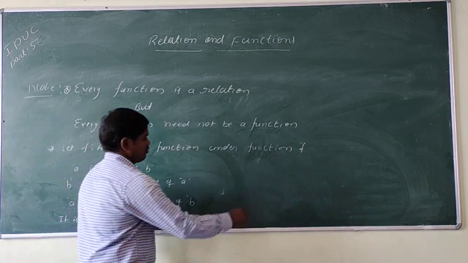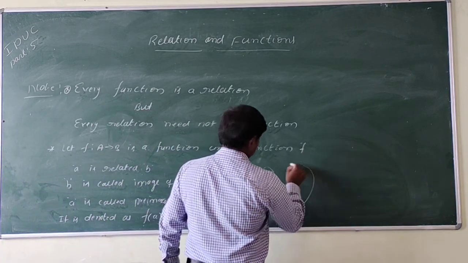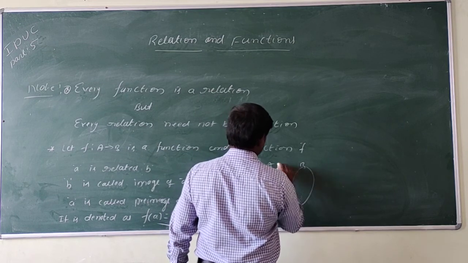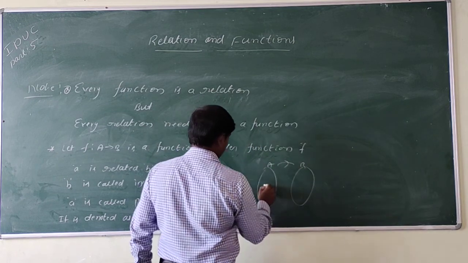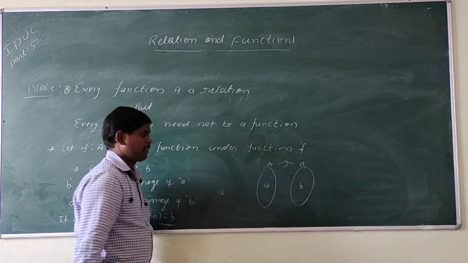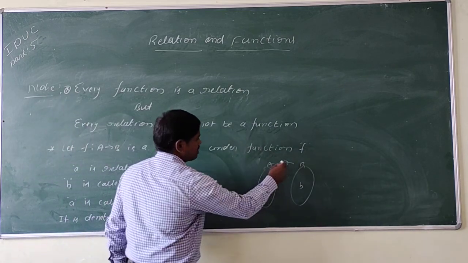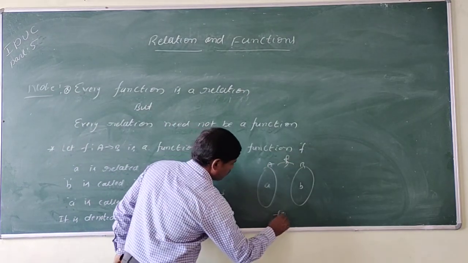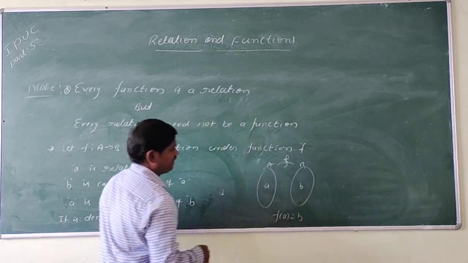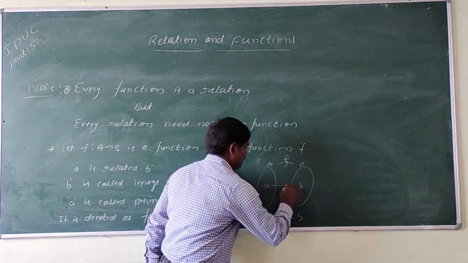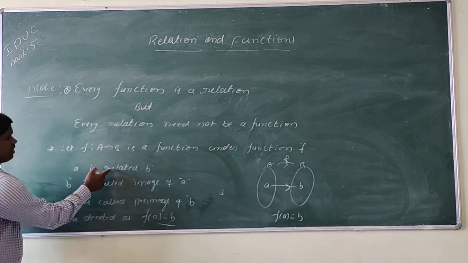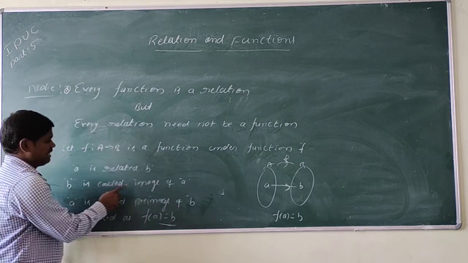Suppose I am taking here, this is A, this is B. So this is the function. f(a) = b. So that is, a is related to b. Then b is called the image.